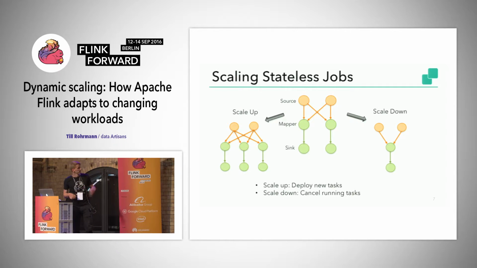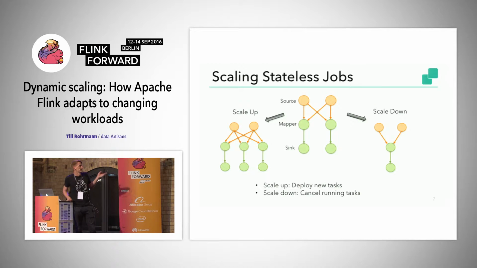If we have a simple stateless job with a source, a mapper, and a sink, and we see that, for example, the mapper is constantly busy and can't keep up with the workload, scaling up would mean that we instantiate a new mapper subtask and tell the source about its existence, so that the source can now distribute the workload across all 3 mappers instead of 2.